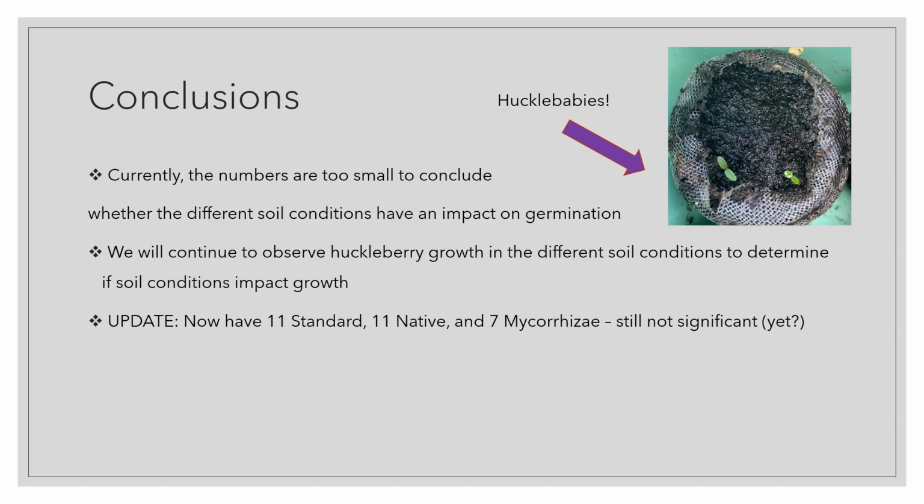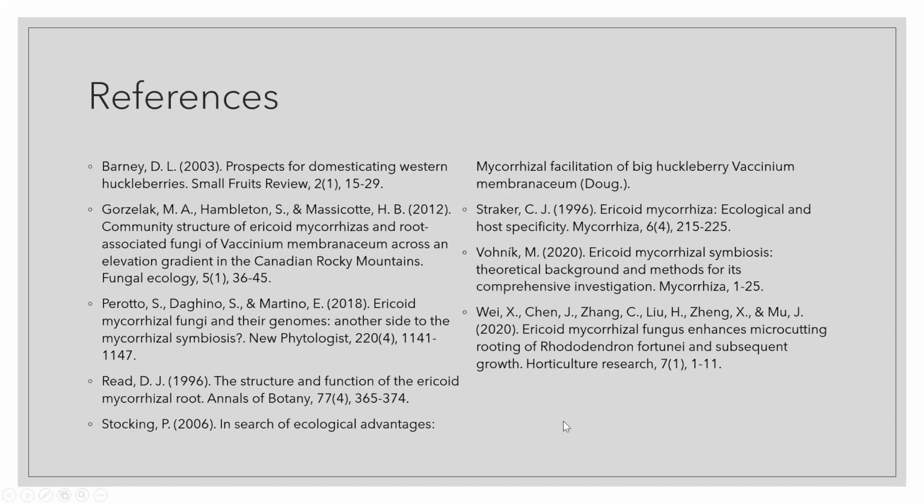The standard has 3 new ones, the native has 2 new ones, and the mycorrhiza has 3 new ones, at least since the last time. That's something. It might be something. Very interesting.